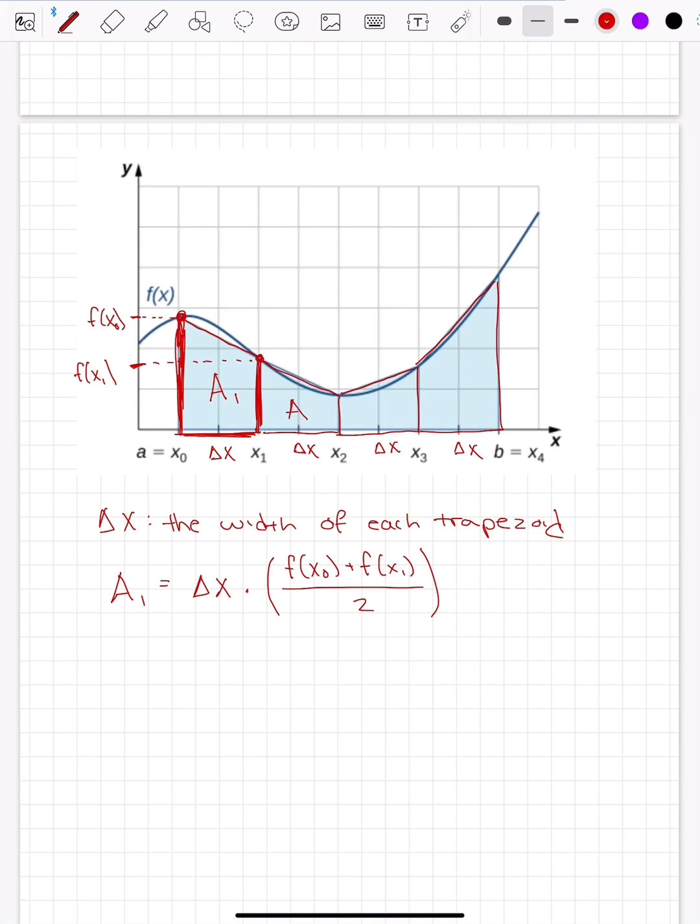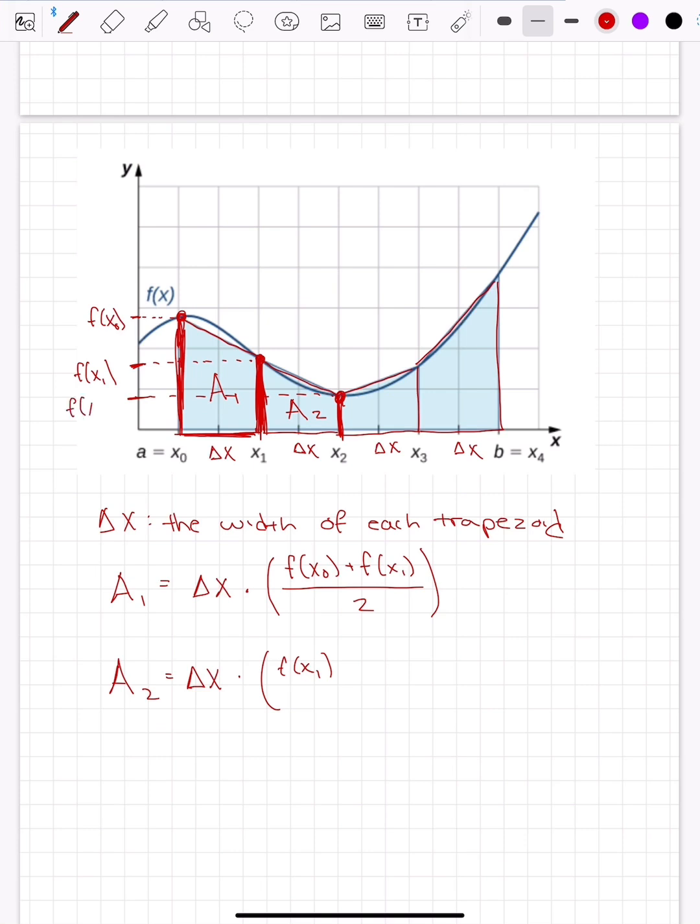Then if I look at A2, they share a side. So when I go to do A2, we have the same height, change in x, and then we have f of x1, and now at x2 we need to find what the height is there, which is the value of the curve there, because this curve here is f of x, remember.